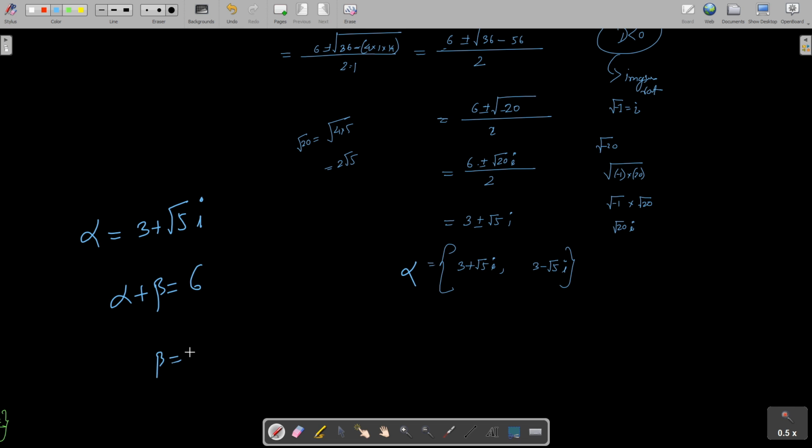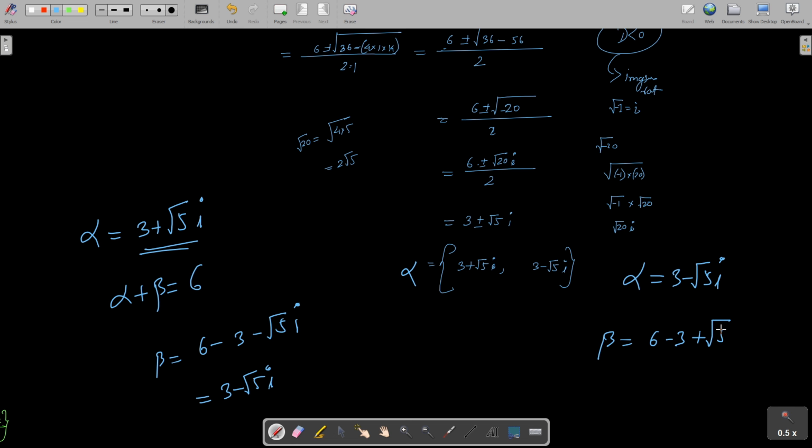So beta will be 6 minus 3 minus root 5 i, which is 3 minus root 5 i, when we take the value of alpha as 3 plus root 5 i. If we take the value of alpha as 3 minus root 5 i, then beta will be 6 minus 3 plus root 5 i. So it will be 3 plus root 5 i.